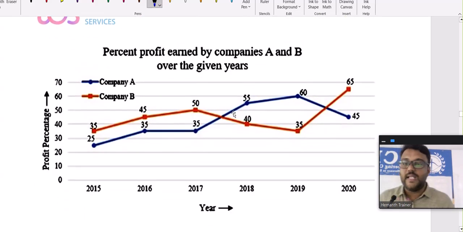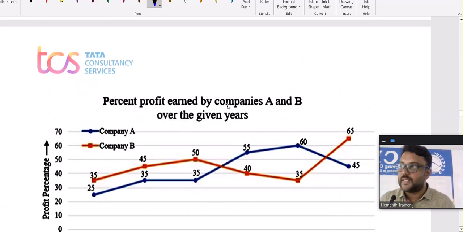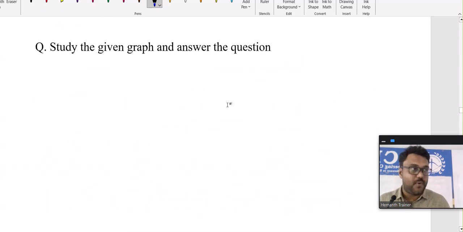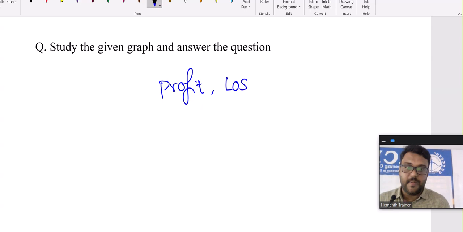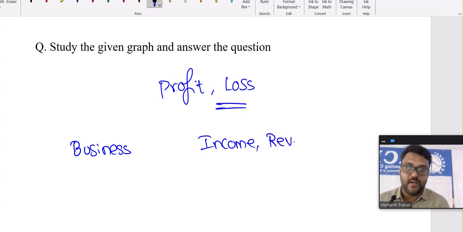Now see, this is a question related to profit and loss, data interpretation. In profit and loss, one terminology you need to update regarding data interpretation is the business point of view. In business, they use the terms income and revenue, and the words expenditure or investment.